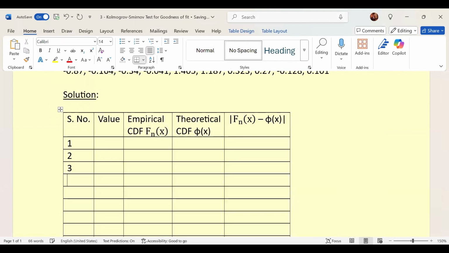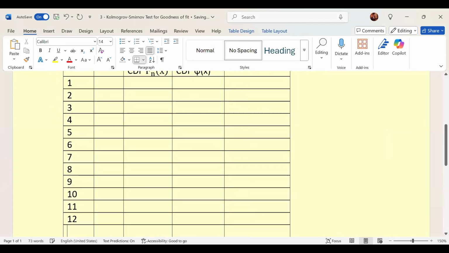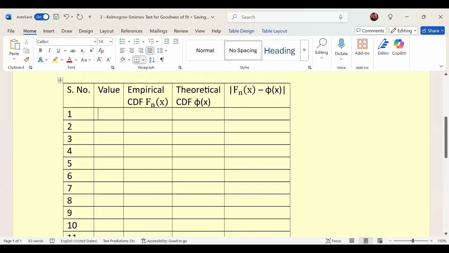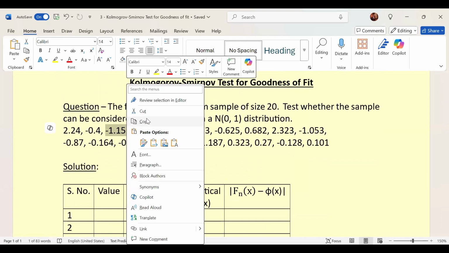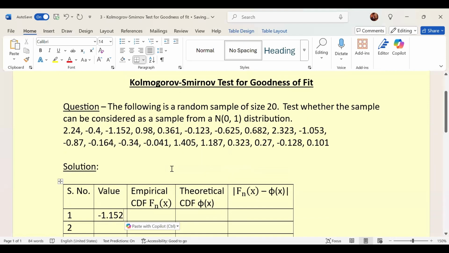So we have 20 observations. We'll write the values in ascending order, meaning among these, the least number we need to write first. So here it is negative 1.152. That is the least. Then the next least is negative 1.053.